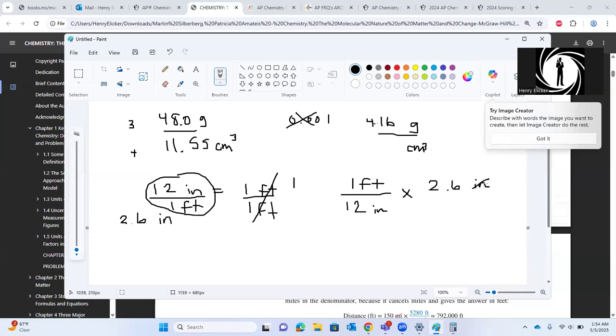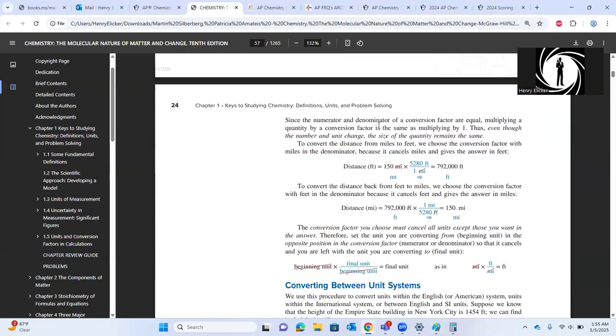And as long as your units cancel like that, because remember, we're basically dividing at this point. So inches are on the top of the fraction and inches are below, they're going to cancel. So we'll basically get 2.6 divided by 12. And our final unit will be in feet. Sig figs will be 2 because 2.6 was 2 sig figs. You don't get the sig figs from the 12 inches or 1 foot. That's exact quantity. All right, so that's how you do that.